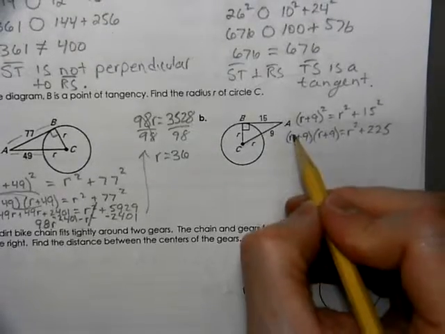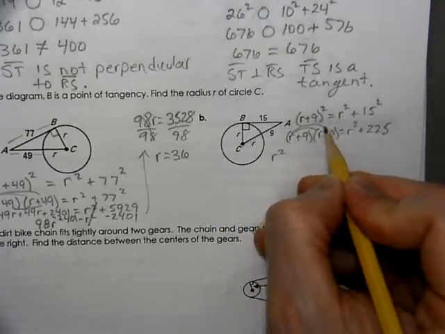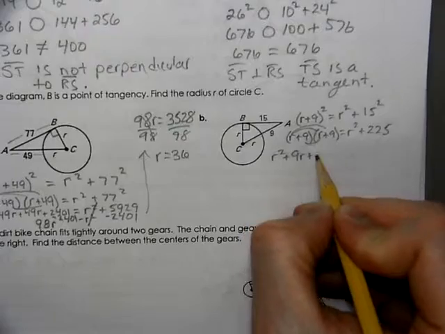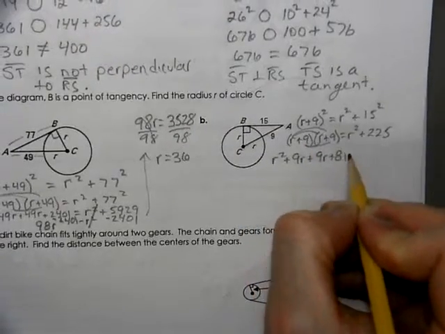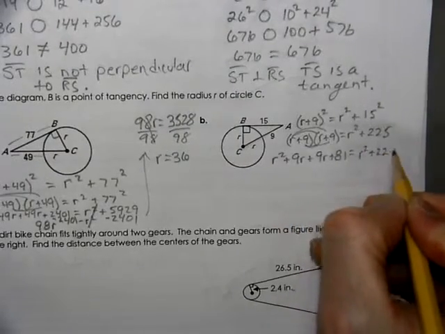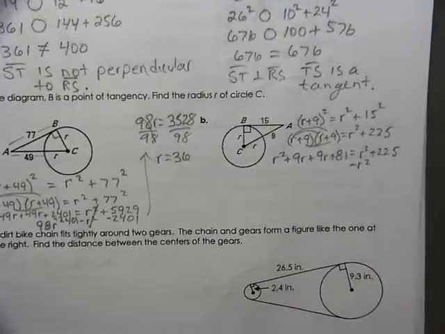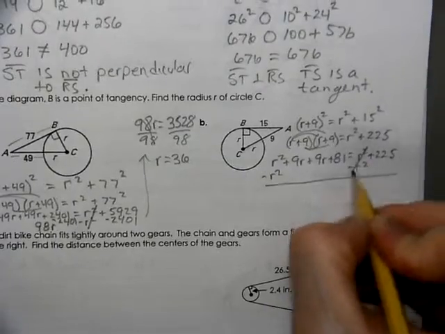Then we're going to do FOIL, which is the front, the outer, the inner, and the last. That's r squared plus 225. Now we're going to subtract the r squareds. That's going to help out a lot.